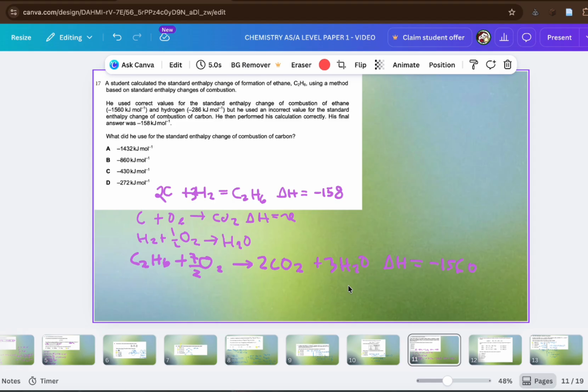Alright, now that we write all that, let me write the enthalpy change for hydrogen here. Negative 286. Okay, now that we got all of this data, we have to apply Hess's law. So, to form ethane, we need hydrogen and carbon dioxide.